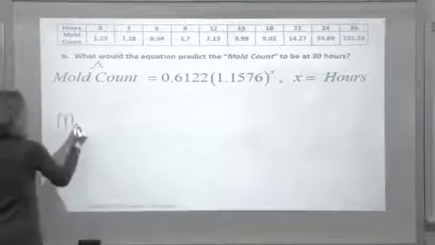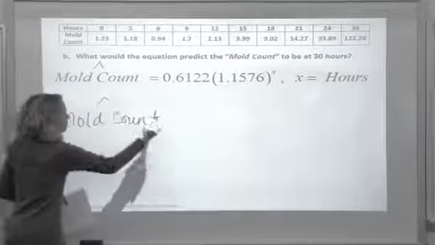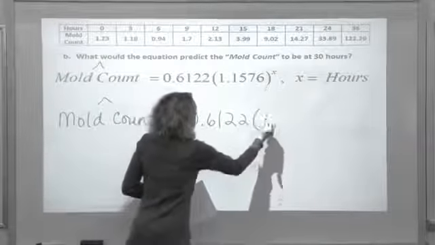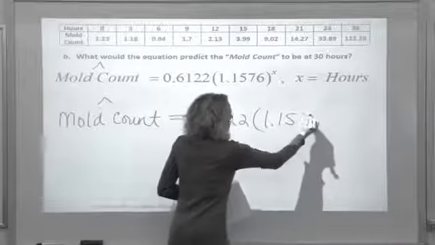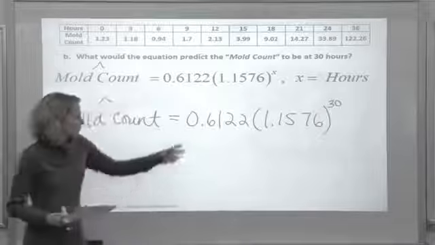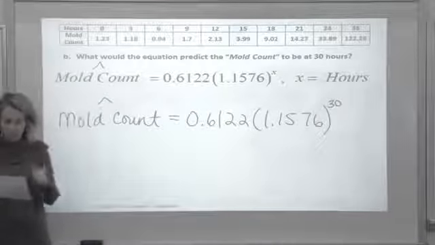So we would predict the mold count to be, and that's just an operation you would type in your calculator. You have a caret key, raised to the 30th power.